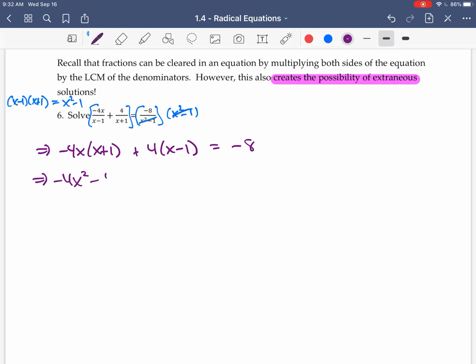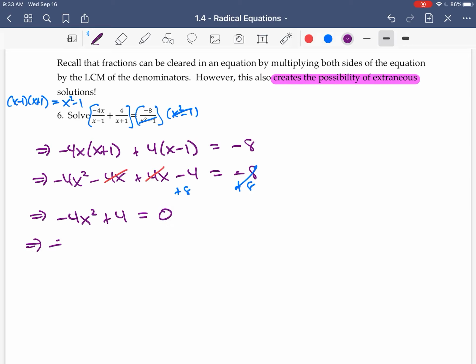So negative 4x squared minus 4x plus 4x minus 4 equals negative 8. So I'm going to add 8 over so that I have a 0 on that side. And then the negative 4x squared, sorry, the 4x terms go away, and so I have a plus 4 equals 0.